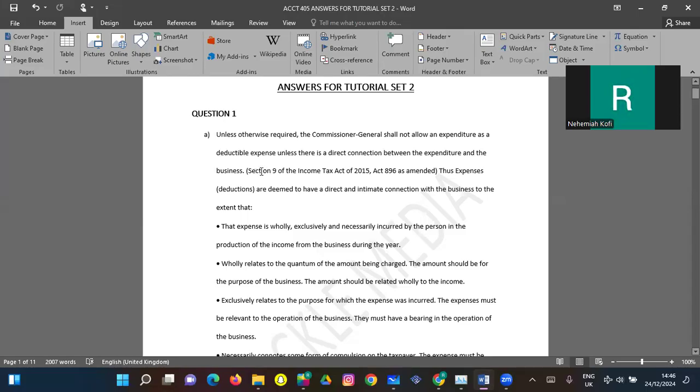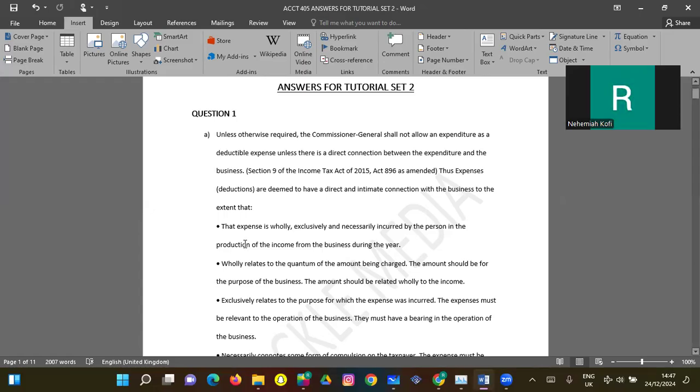Section 9 of the Income Tax Act 2015, Act 896 as amended, says expense deductions are deemed to have a direct and intimate connection with the business. So between you and the lady, for example, I'm just quoting an analogy.